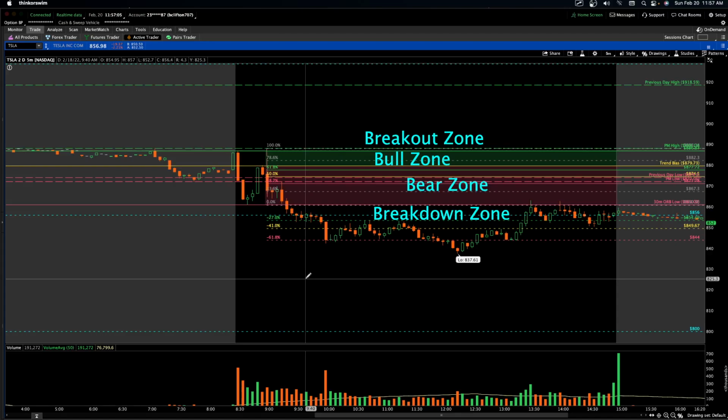Even though it looks good and I could probably make some money on it, maybe I don't take that trade. Maybe I just scalp it versus trying to take a little bit longer term trade, right? So if it doesn't fit within your risk management plan, just don't take it. Because the great thing about the stock market is we're going to have lots and lots of opportunities pretty much on a daily basis. So you don't have to focus just on one particular trade.